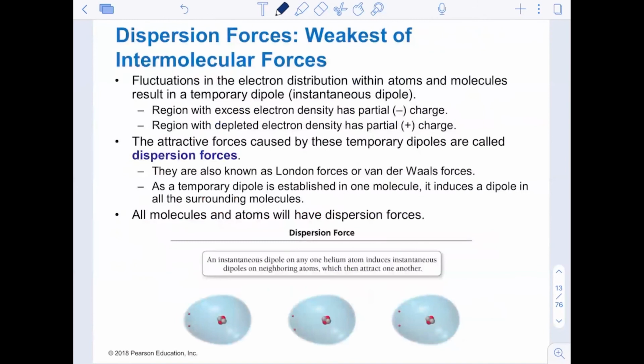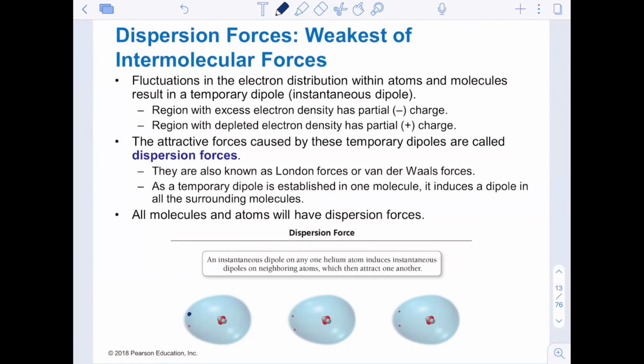All right, weakest of intermolecular forces, dispersion forces. When the fluctuation occurs, it's because of proximity. As we get two molecules to come closer together, or even all three of them, getting closer together because they're swarming around in this liquid solution, we're going to pretend that we're in liquids. What happens is an instantaneous dipole.